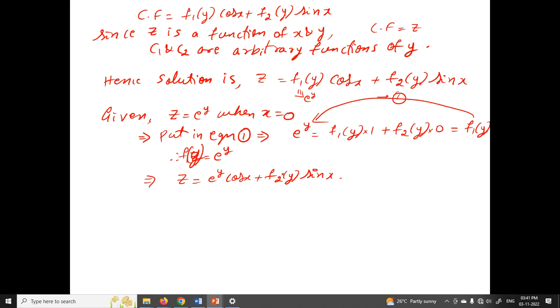How can we find the PDE, students? Please remember in the exam also, if you get this equation, first you have to eliminate the arbitrary functions f1(y) and f2(y). So f1(y) I have already calculated as e raised to y. Now I am going to calculate f2(y).